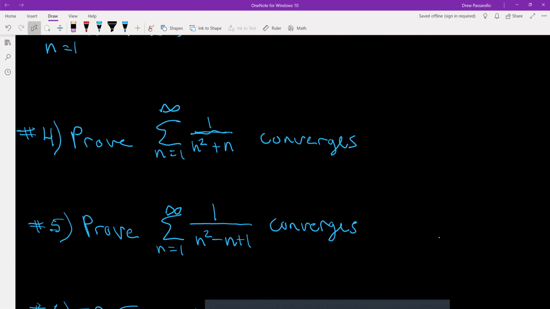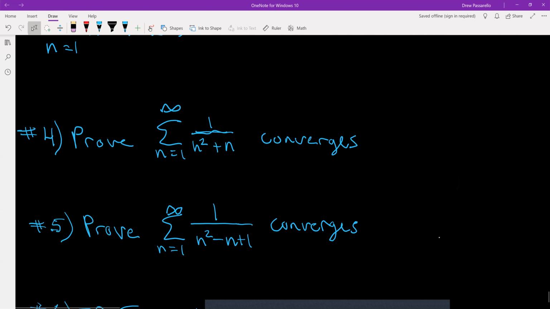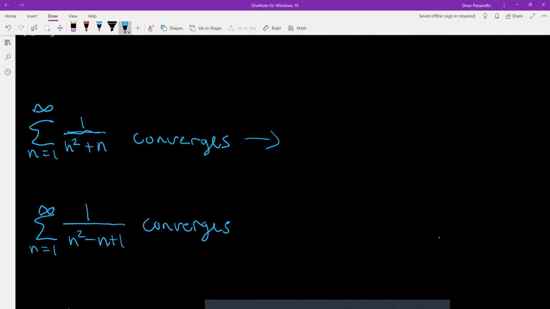Prove that the series 1 over n squared plus n converges. I'll do it down here. So all right, so note that for all n, n squared plus n is greater than n squared.